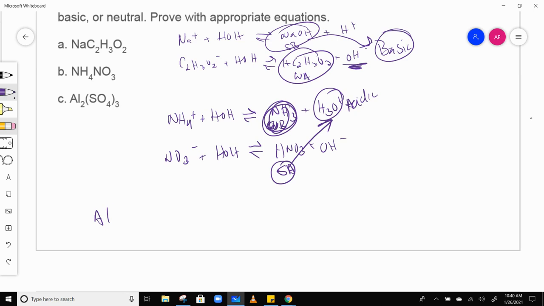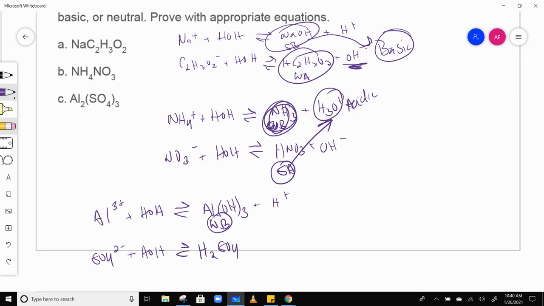So Al3 plus HOH. We're going to get Al(OH)3 plus H plus. This is a weak base. And then we have SO4 2 minus plus HOH. And we're going to get H2SO4 plus OH minus. This is a strong acid. So this one will form, that one will not form.